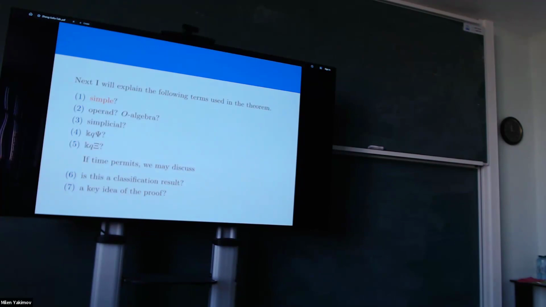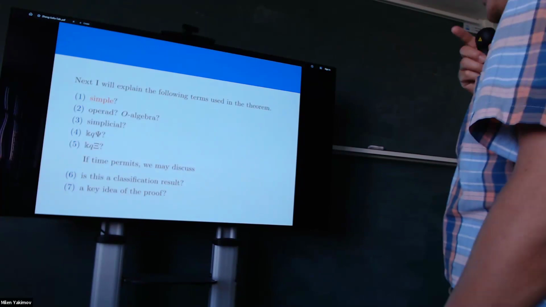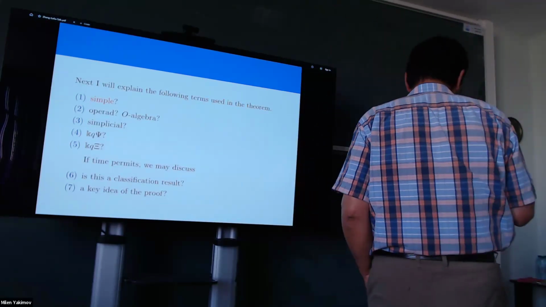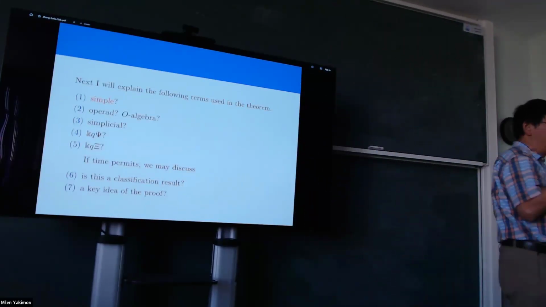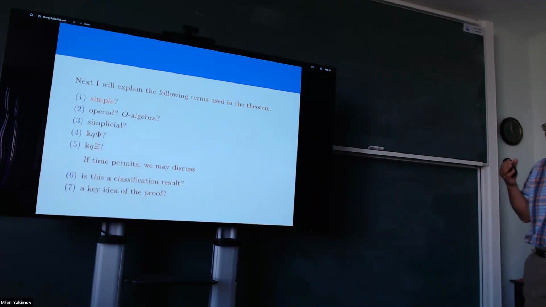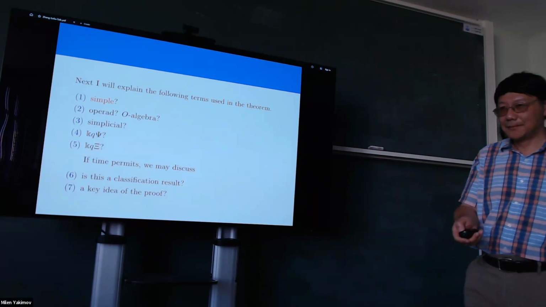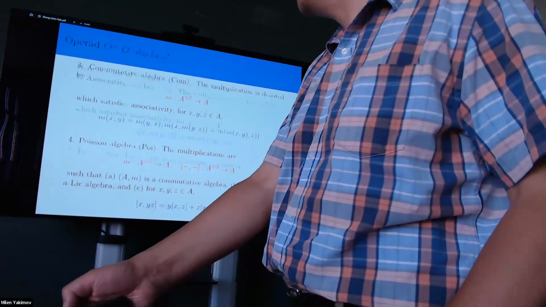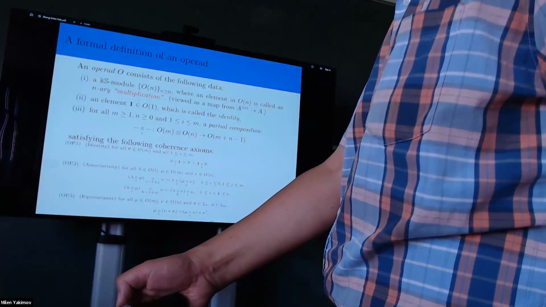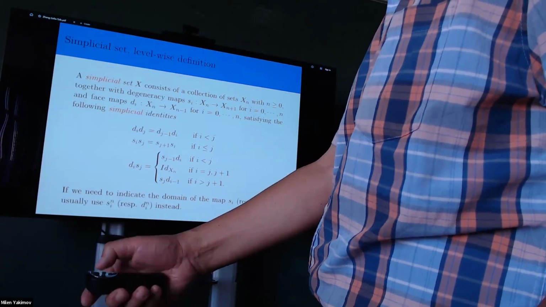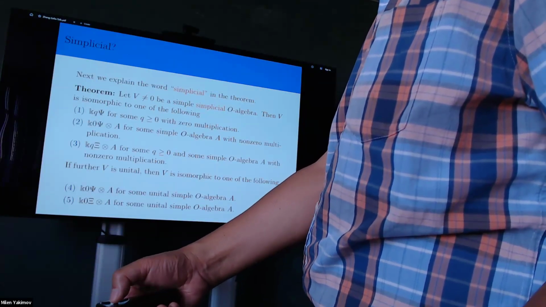Yeah, so I explained the simple and I explained the operad. I hope we have a good understanding of O-algebras. The next item is simplicial. What is the meaning of simplicial? Oh, too fast, sorry.